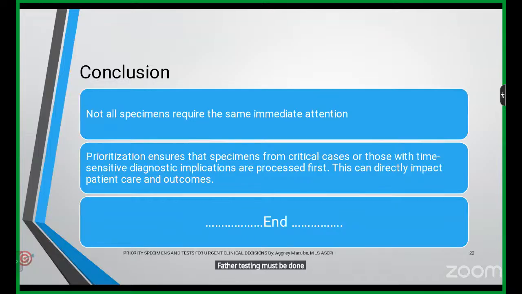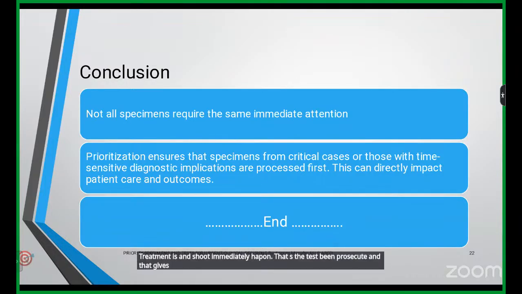That is confirmatory testing, which is culture or other molecular tests that are faster than culture. But as we wait, treatment continues just in case there could be cholera. So treatment is ensured immediately upon the test being positive.